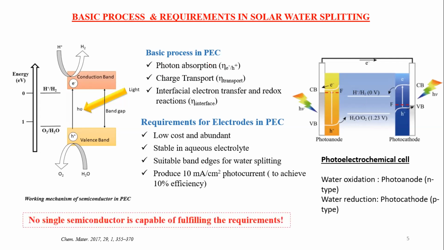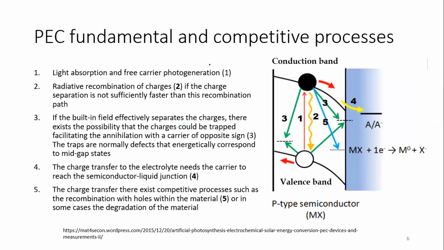Apart from these fundamental processes, we also have some competitive processes. What do competitive processes mean? As soon as electron-hole pairs are generated, there is a high chance that the electron will recombine with the hole at the valence band. It will release that energy either in the form of light or sometimes in the form of heat.